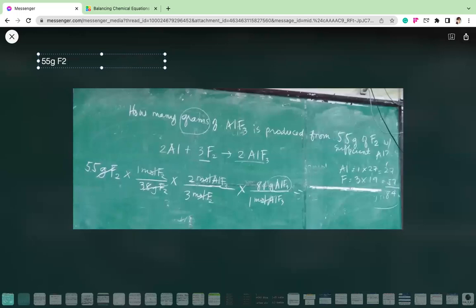Tapos, ito na yung mag-dimensional analysis ka. Times. Saan yung multiply? Times. 1 mole of F2, ilang grams? So, look at your periodic table of elements.